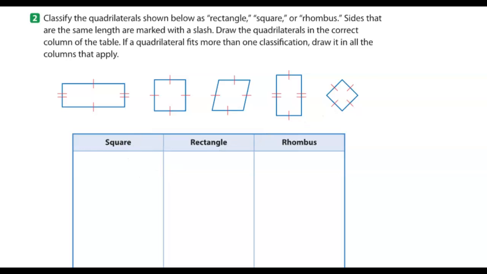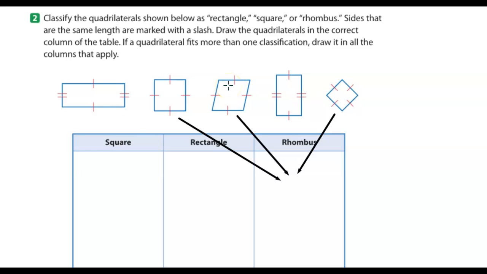And so then a rhombus. A rhombus would be this shape, this one, and this one. So a rhombus must have four sides of equal length. It didn't say that the angles couldn't be different.